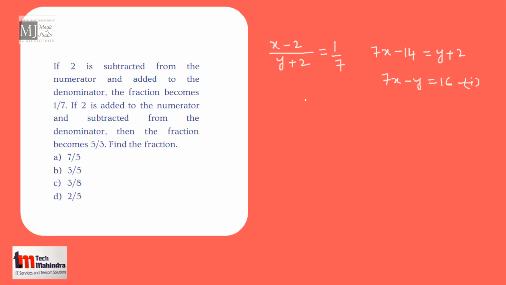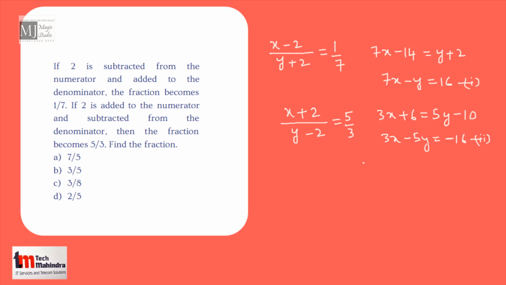First equation. Now if 2 is added to the numerator, x plus 2, and subtracted from the denominator, now the fraction becomes 5 by 3. So here we will have 3x plus 6 equals 5y minus 10, or 3x minus 5y equals minus 16.